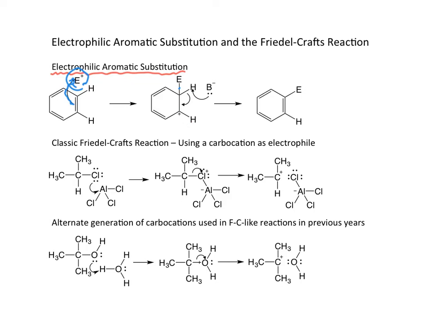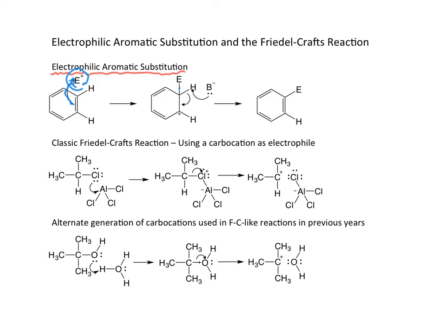But aromatic systems are unusually stable. So if we were doing addition, a nucleophile would come in here. But the aromatic system is so stable, the molecule wants to return to that aromatic system. So a base comes in, takes the extra hydrogen ion, the electrons from the carbon-hydrogen bond fall back to create the pi bond again, and we have replaced our hydrogen in our starting molecule with the group derived from our electrophile in our ending molecule.